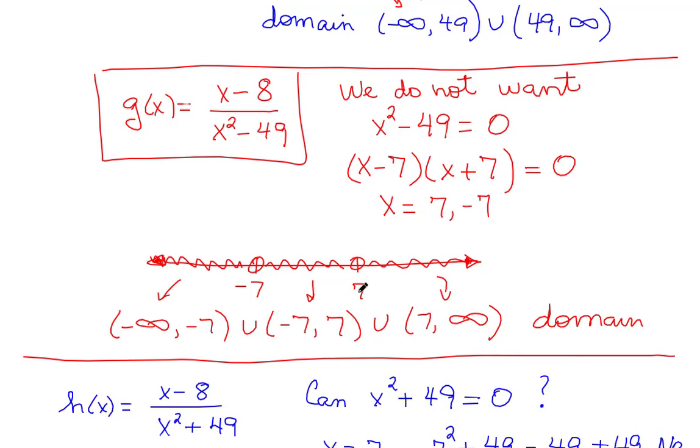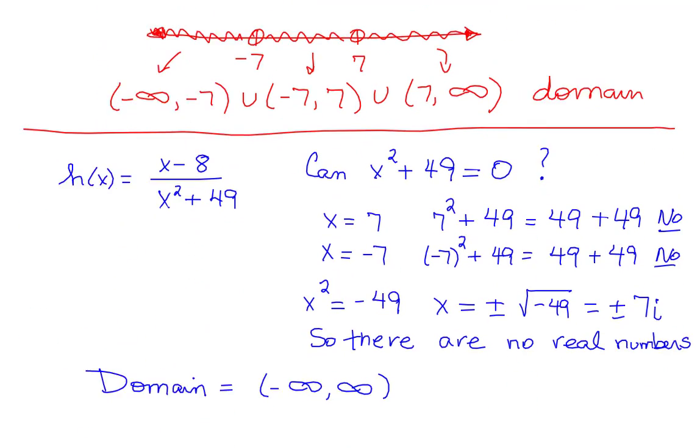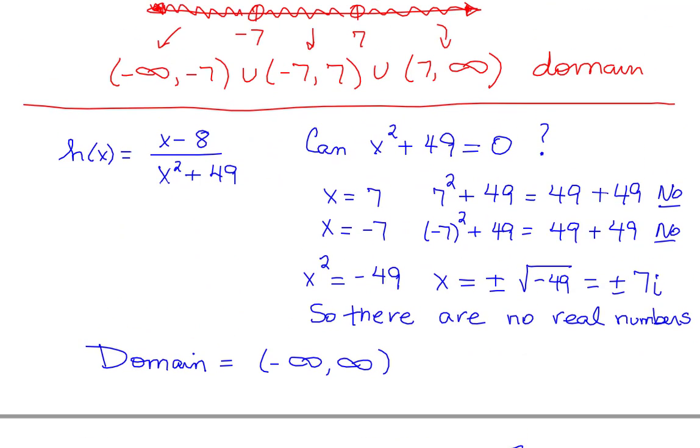And then I have the stuff on the right, which is 7 to infinity. And I've got these U's for unions to glue it all together. And that's my domain. And finally, what about our last function, h of x, which looks very similar.